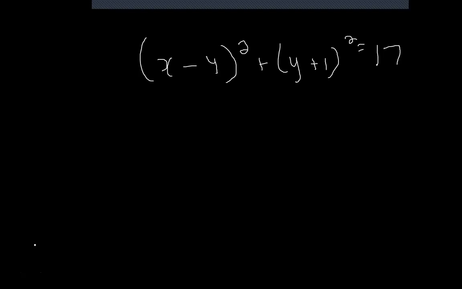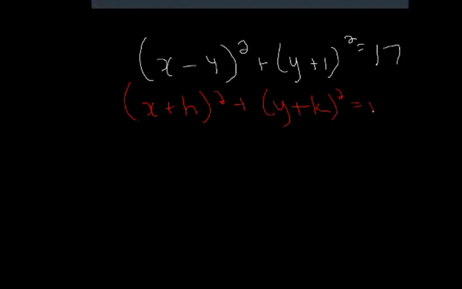What was it? It was x squared plus y squared. We know that the standard form is this, squared plus y squared equals r squared.